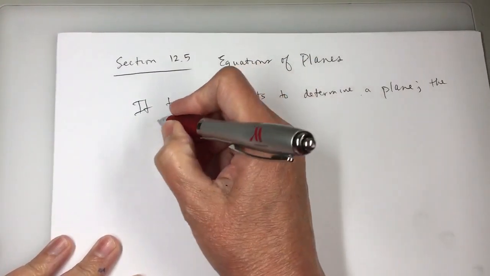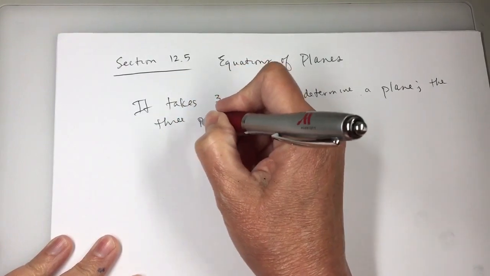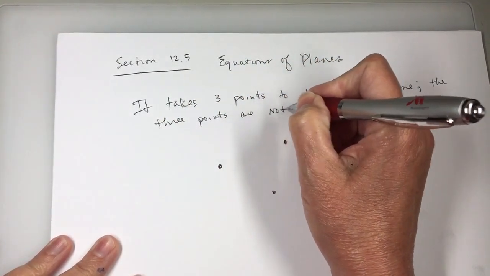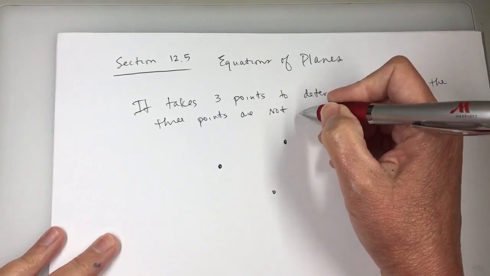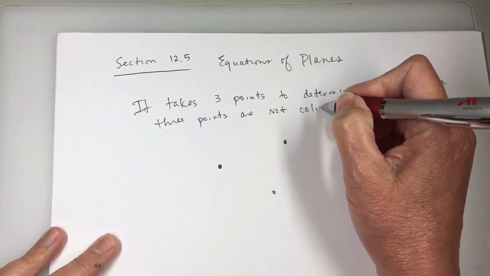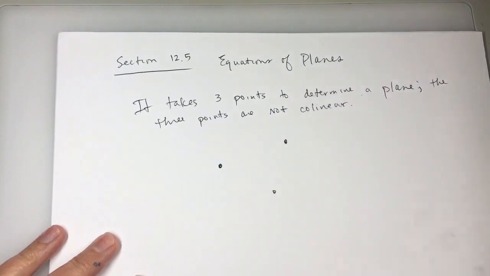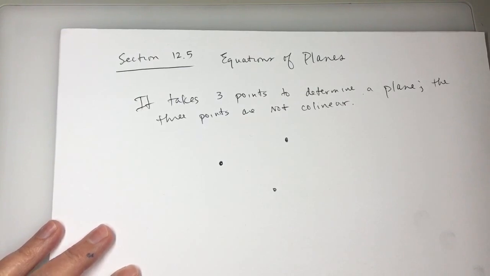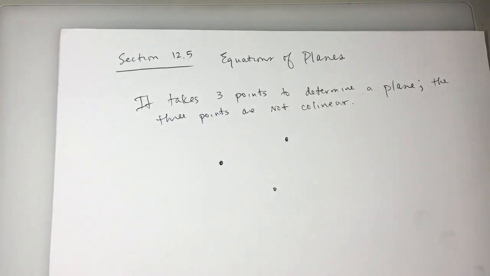The 3 points are not on the same line. Collinear. Collinear might have 2 L's in it. I'm not sure. I'll put 1 for now. Anyway, 3 points, but as long as they're not collinear, that determines a particular plane.